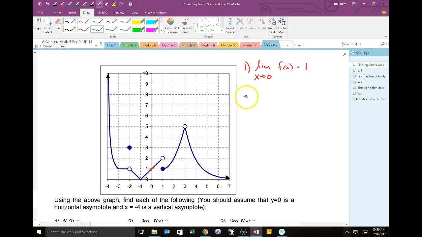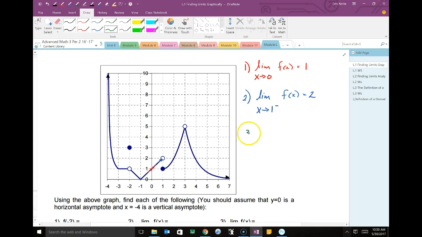How about, let's say, what is the limit as x approaches 1 from the left? From the left side, we're going to values that are just slightly less than 1. So what is that y value it's approaching? That value is 2.